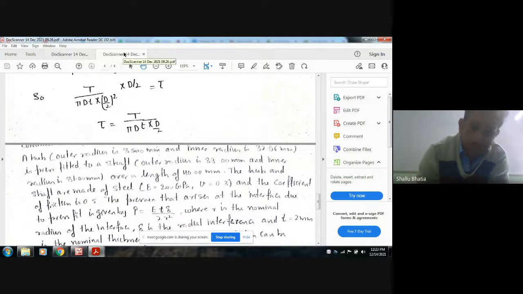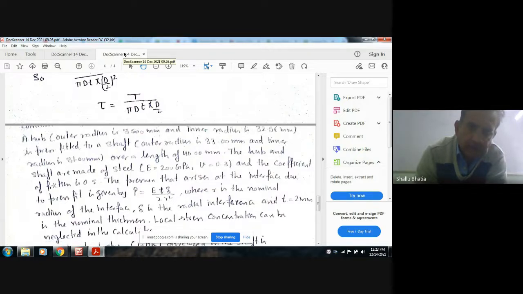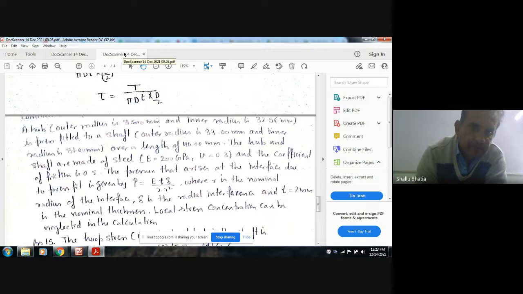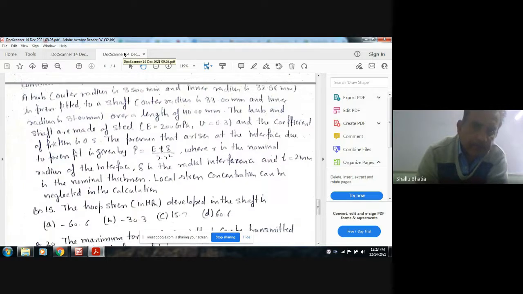A hub with outer radius 35.0 mm and inner radius 32.98 mm is pressed onto a shaft with outer radius 33.0 mm and inner radius 31.0 mm, for a length of 40 mm. The hub and the shaft are made of steel, E is equal to 200 GPa, mu is equal to 0.2, and the coefficient of friction is 0.3.